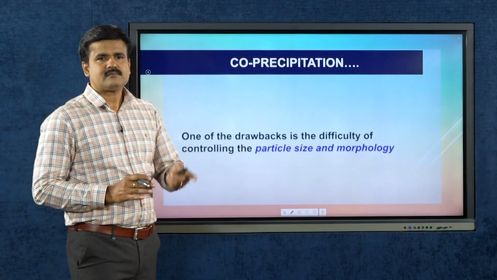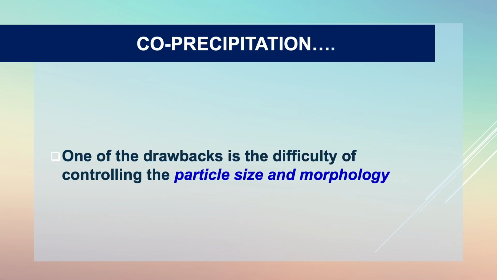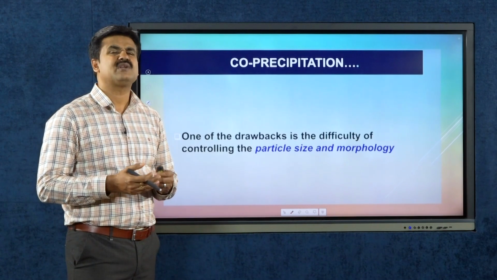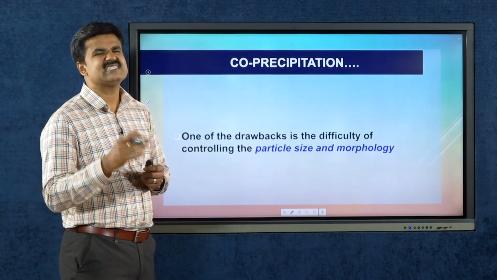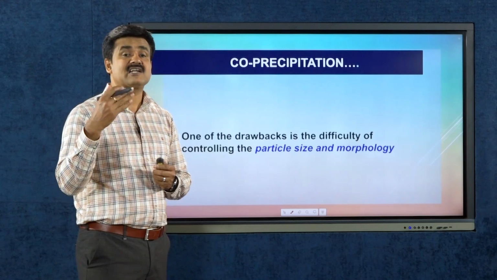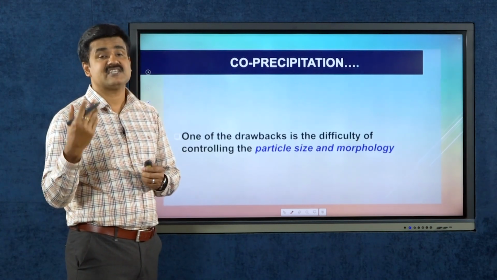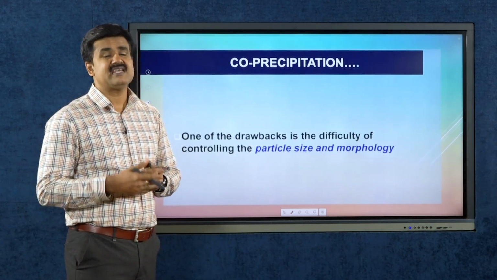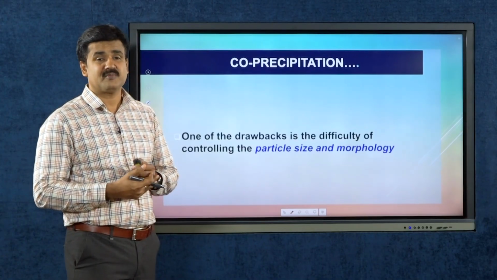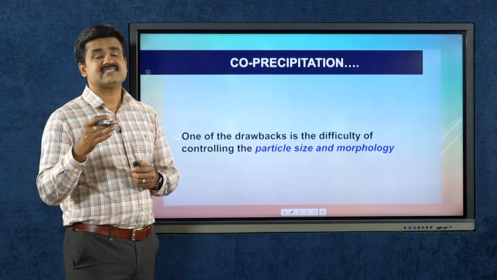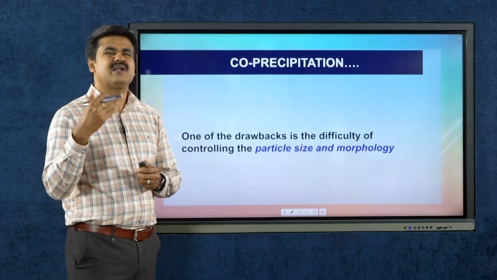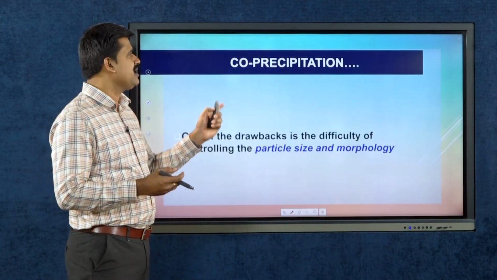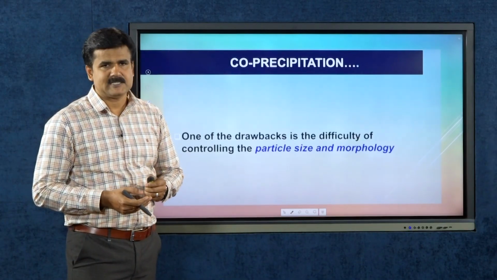Now, one drawback or difficulty associated with the co-precipitation method is that controlling particle size and morphology is very difficult. That is, the particles obtained may be of different sizes or different shapes. It is not practically possible to control the size and morphology by using the co-precipitation method.